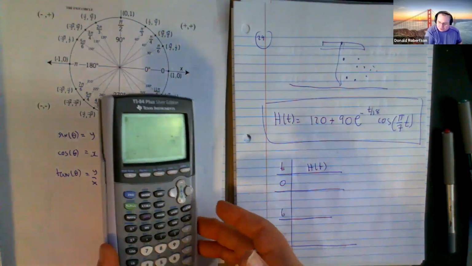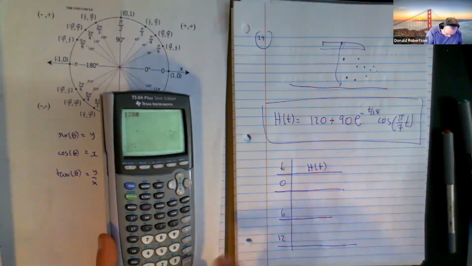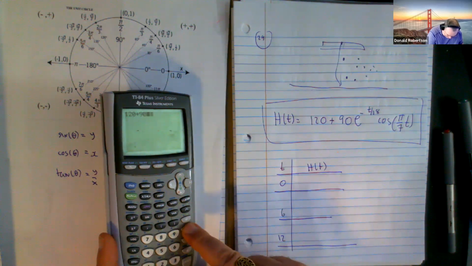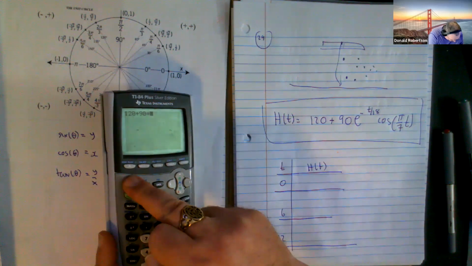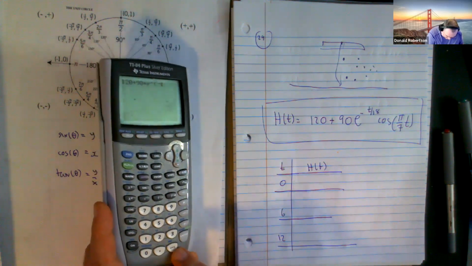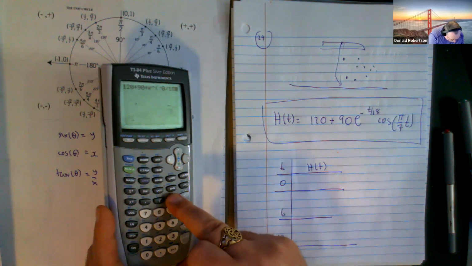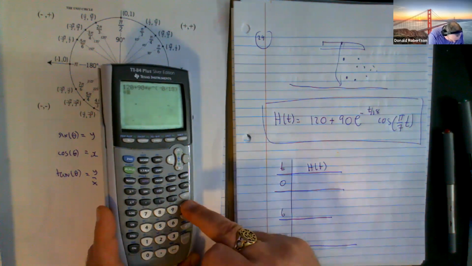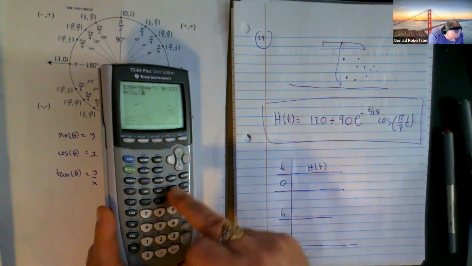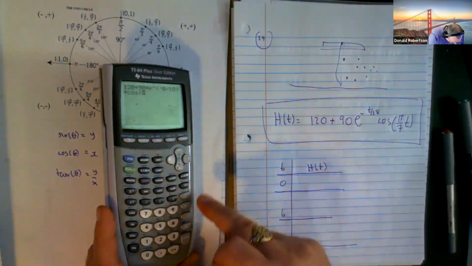So here is laborious, but normally quite accurate. 120 plus 90 times e to the power, a negative, make sure you hit that when you need a negative, t over 18, which is just basically 0 divided by 18, close the little power bracket, times cosine pi t over 7.